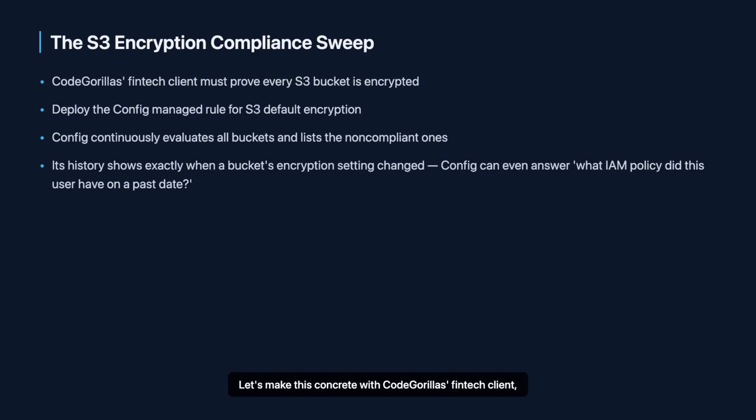Let's make this concrete with CodeGorilla's FinTech client, the one under the Payment Card Industry Data Security Standard, or PCI DSS. The security team needs to prove that every S3 bucket is encrypted, so they deploy the Config managed rule for S3 default encryption. From that point on, Config continuously evaluates every bucket in the account and lists the non-compliant ones for them.